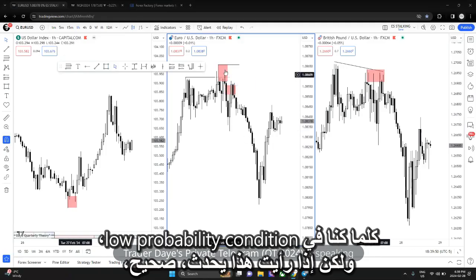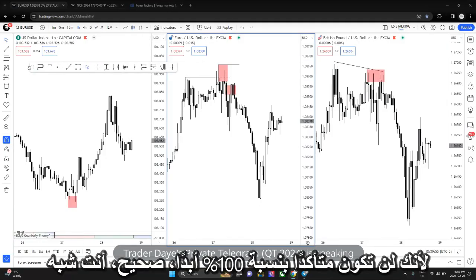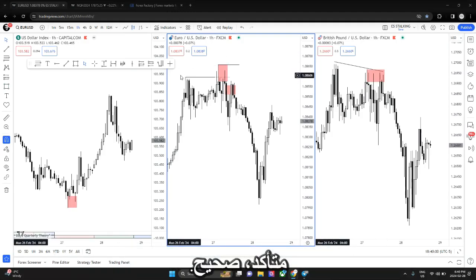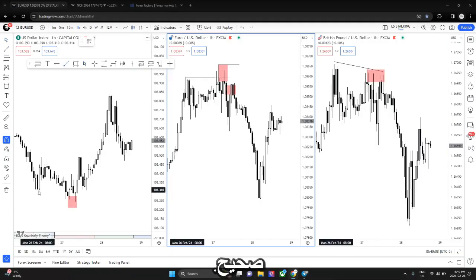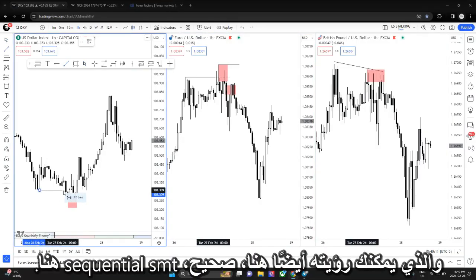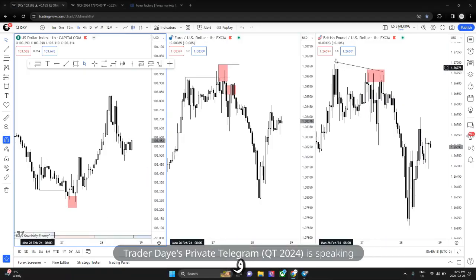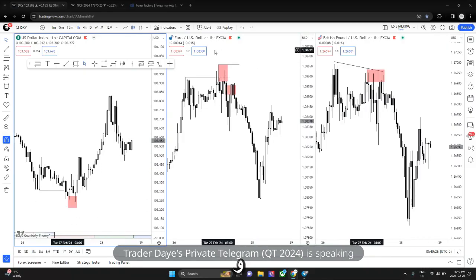But if you see this happen, you are almost sure, because you're never going to be 100% sure, right? You're almost sure, right? What will make you almost sure? The sequential SMT, right? Which you can also see here. Sequential SMT right here between the US dollar and GU, symmetrical price action between DXY and the euro.